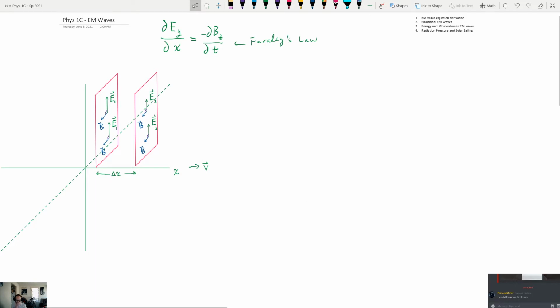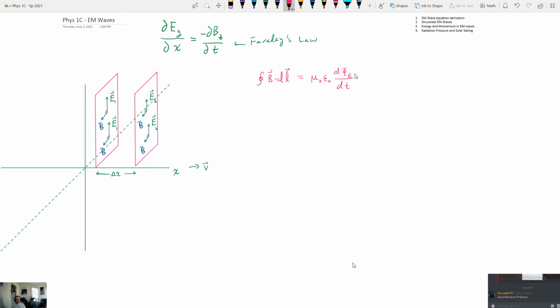So now what we need to do is draw a path integral so that we can evaluate this quantity, the integral of B dot dl. And Faraday's law states that this should be equal to, like I said, Ampere's law says this.